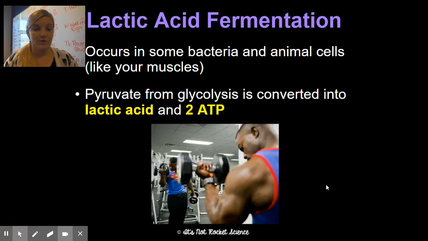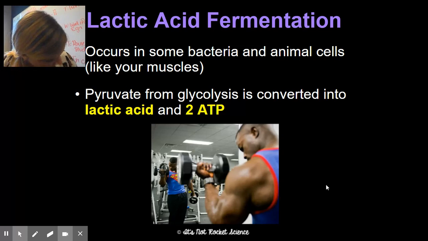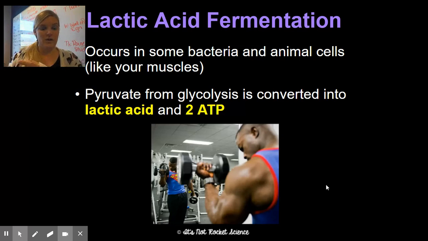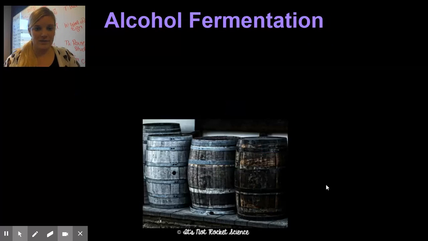And so the pyruvate from glycolysis, so in the cytoplasm, when we split our 6 carbons into 2 sets of 3, we now take those and we just convert them into lactic acid and that 2 ATP, which we got from splitting up our sets of carbon.